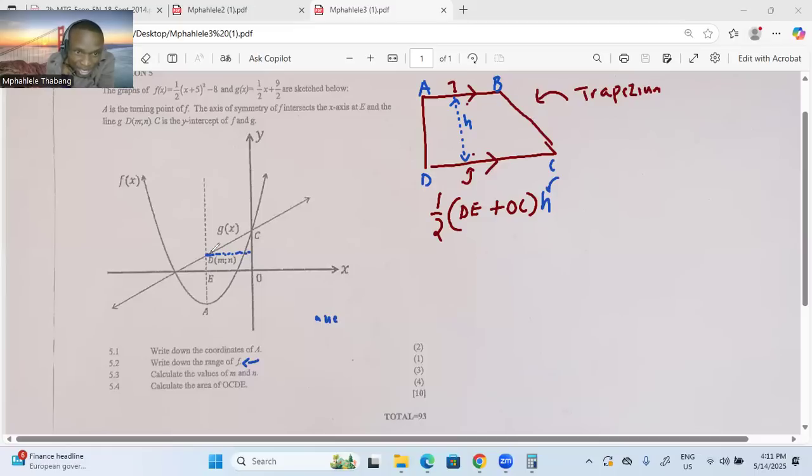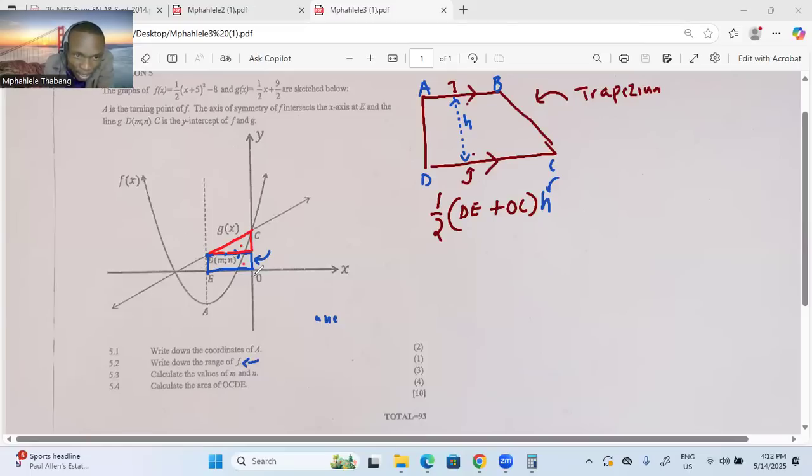I can create a line which is parallel to this line, and then this shape here is a rectangle. So I can calculate the area of the rectangle and then the area of this triangle here, which I believe is a right angle triangle. You find the area of the rectangle, add it to the area of the triangle, and then you get the area of the whole shape OCDE.